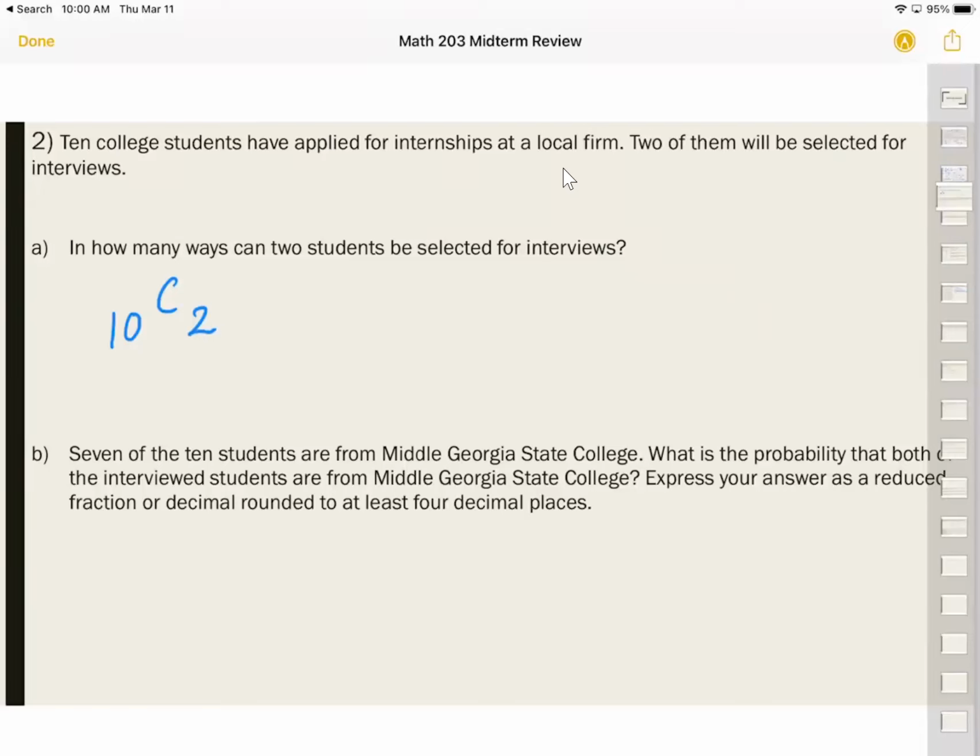Again, for this particular problem, the order doesn't matter. That's why we're using combination, which is the C formula. If the order matters, then we're using permutation, which is 10P2, right?